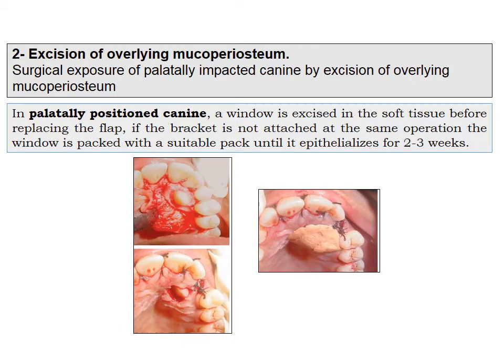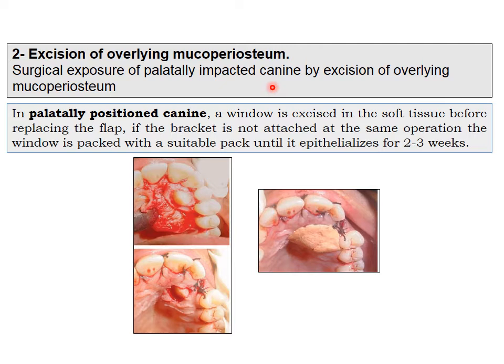The second method for the exposure of the impacted canine is the excision of the overlying mucoperiosteum. Surgical exposure of the palatally impacted canine by excising part of the flap after the removal of the bone and exposing the tooth.